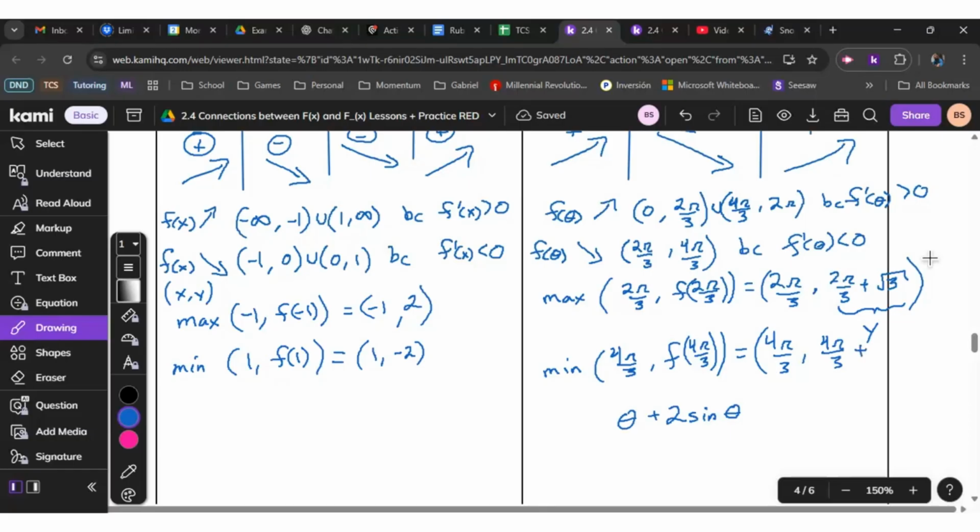Plus, what is sine of 4 pi over 3? 2 times negative square root 3 over 2. So those cancel, and I will get the point 4 pi over 3, comma, 4 pi over 3 minus root 3. This whole thing represents my y in exact form. Okay? I agree. That's what I've been trying to tell you.